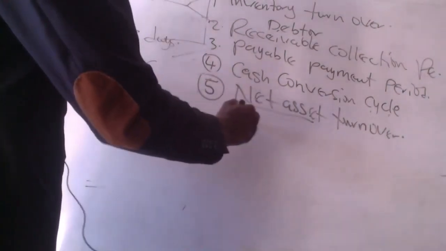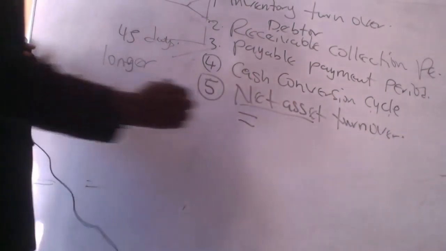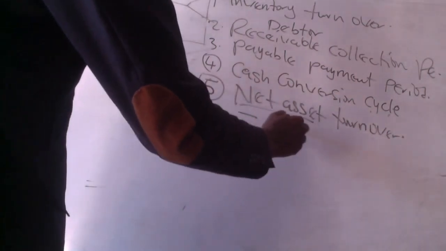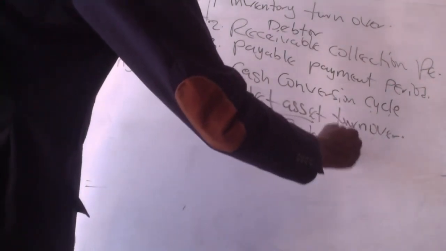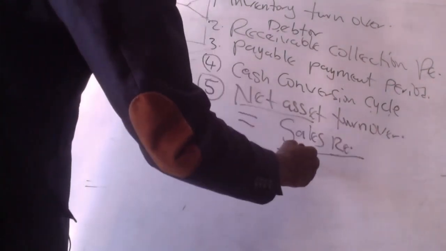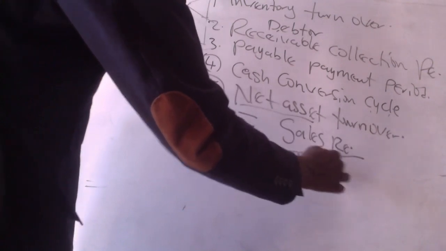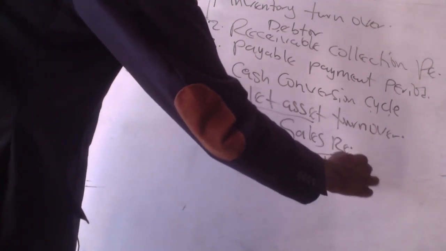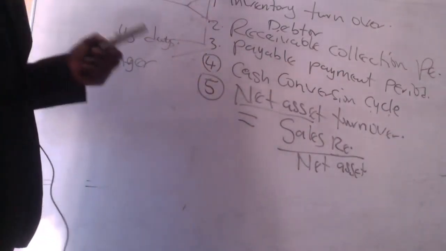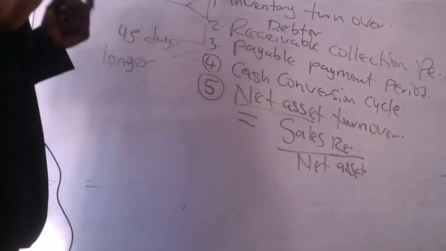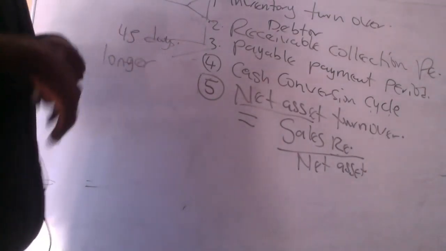The formula will be sales revenue divided by your net assets. We don't multiply by anything. The answer is in times. So the higher, the better.